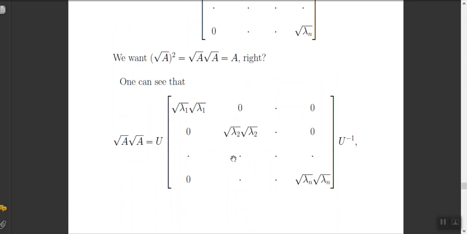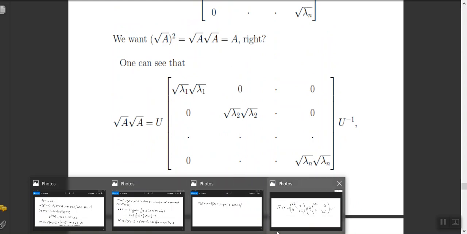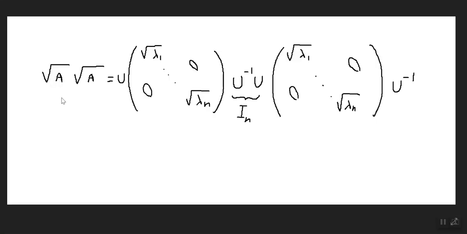Why is it like that? You can see the calculation here. I prepared this with details. The square root of A times the square root of A: you can see here and here, and in the middle U inverse U is the identity matrix, so it is gone.